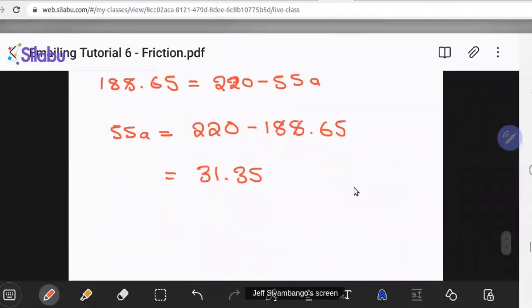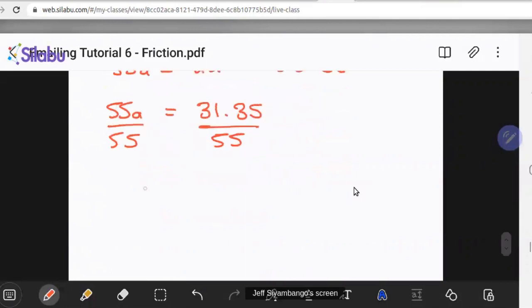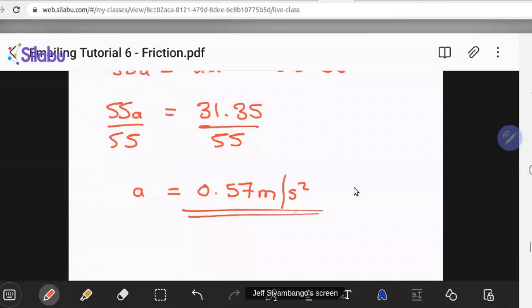So this is now 55A equals this. Divide both sides by 55. Doing this, we get A equals 0.57. This is acceleration, so we have meters per second squared. So this becomes the acceleration of this object.